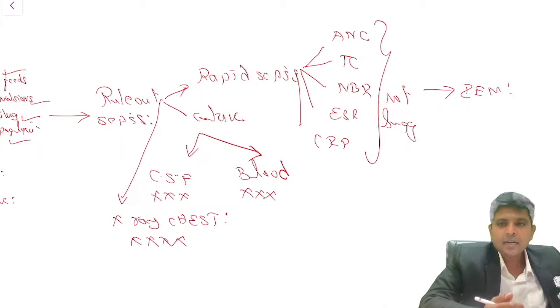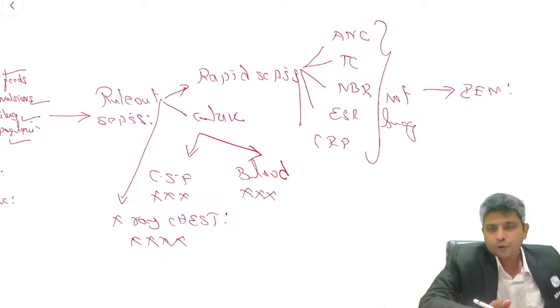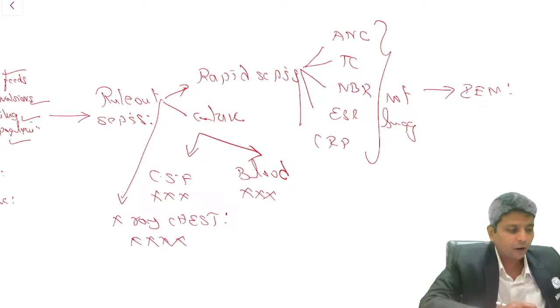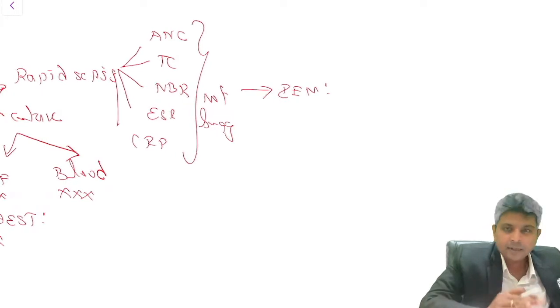Direct test is culture, and indirect tests are X-ray, neutrophil count, total count, neutrophil band ratio, ESR, CRP. When all these are not suggestive of any microorganism, then consider inborn errors of metabolism.